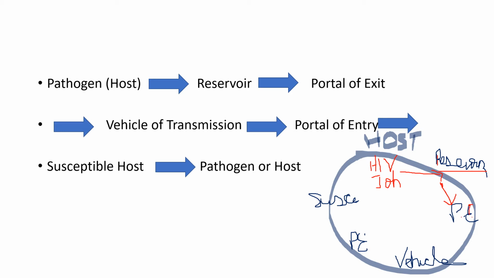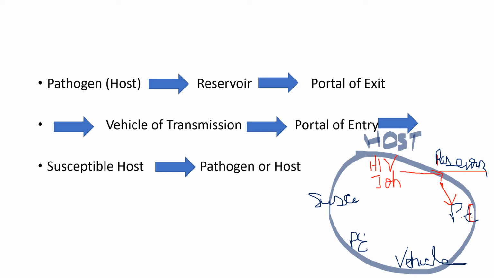Now, since we're dealing with HIV, we could talk in terms of sexual relations, like ejaculation and semen. It will leave John's body. That will be the portal of exit, will actually be the man's penis. But in terms of healthcare, if we want to say John has HIV, the same reservoir, blood and bodily fluids, portal of exit could be if there was a bleeding wound.